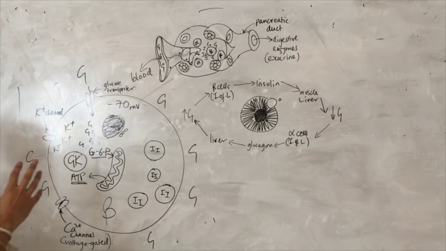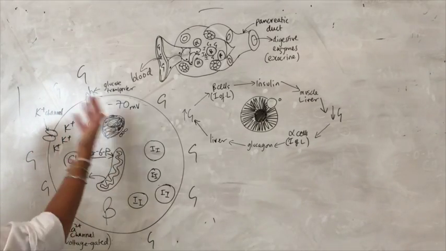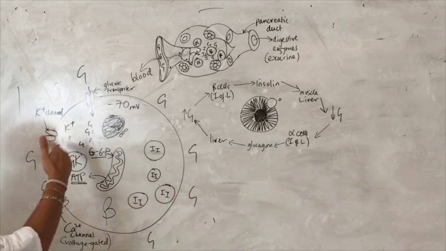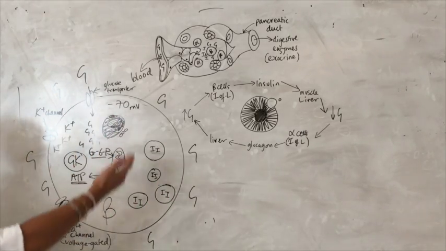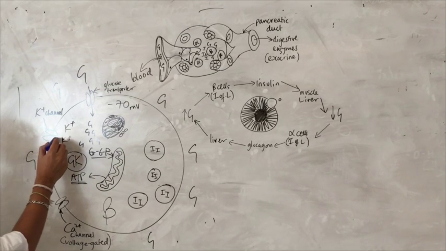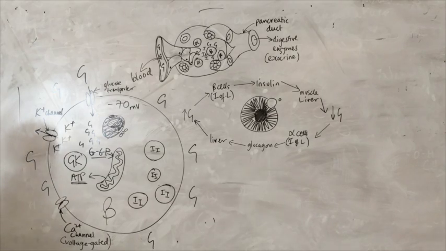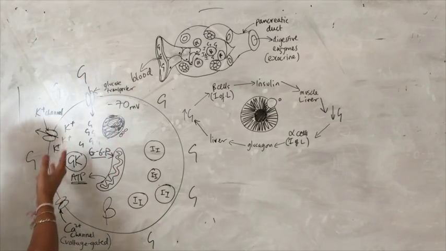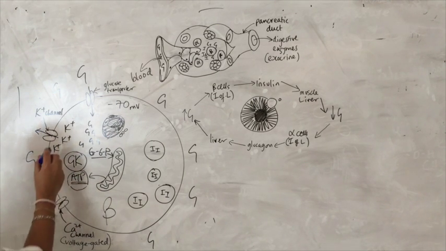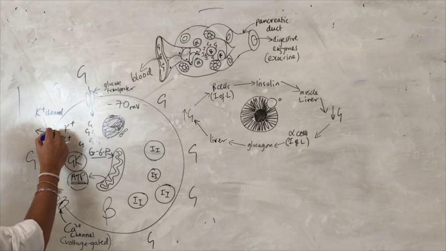These channels are open, and to maintain the normal resting potential of minus 70 millivolts, there is a permeability of this membrane to potassium ions, and they tend to go out of the cell. However, when there's lots of ATP, this causes the potassium channel to close.